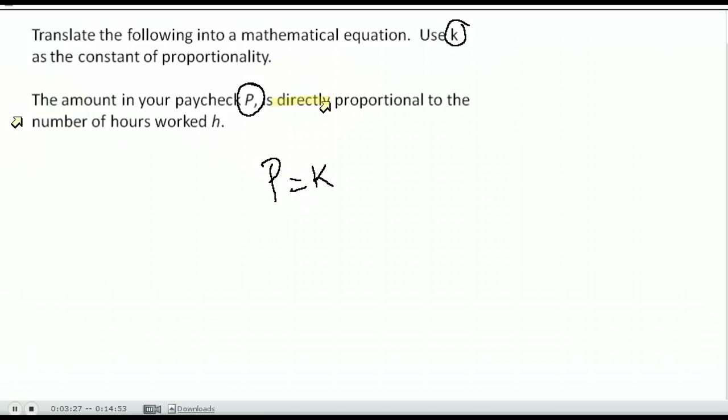Okay, and again, directly means multiplication, so directly proportional to the hours you worked H. So P, your paycheck, is K times H, and we can probably guess that this K here would be the amount you make per hour. Okay, but that's pretty straightforward, an example of direct variation.